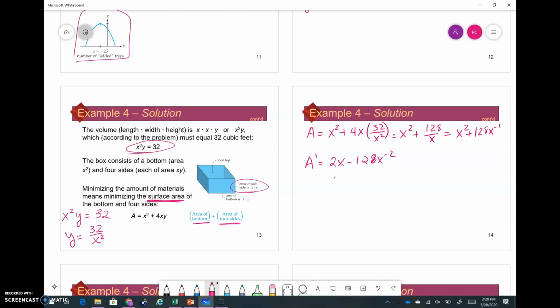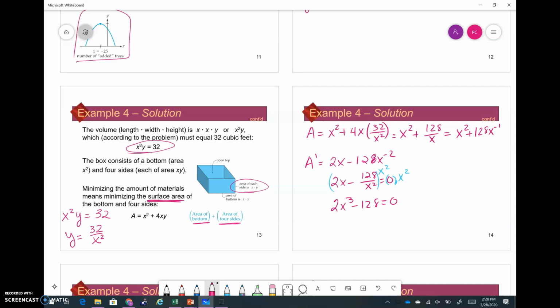This x to the negative 2, remember, goes to the bottom. This is where I'm getting to multiply by x squared on both sides, giving us 2x cubed minus 128 equal to 0.